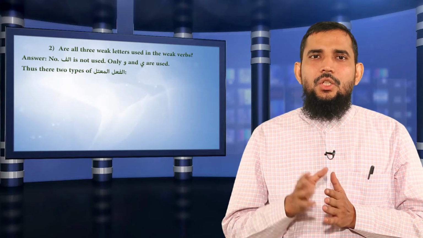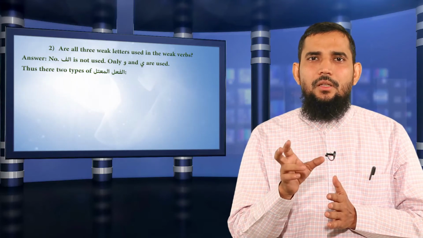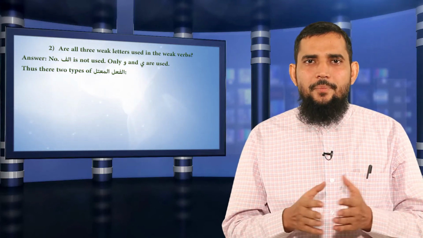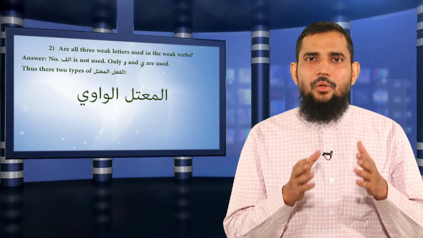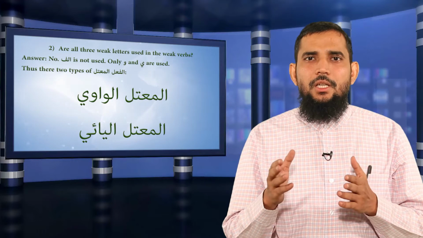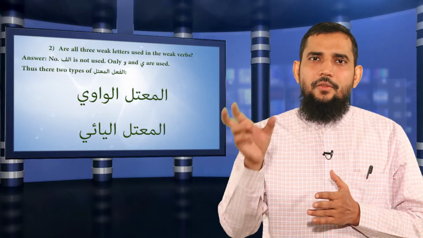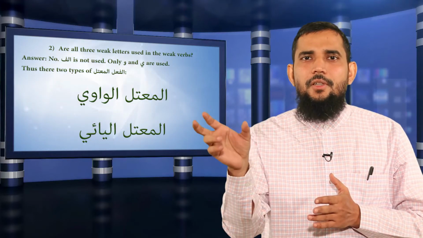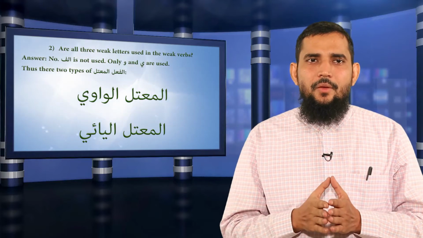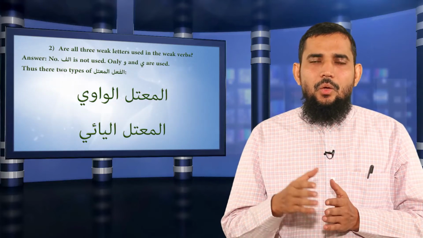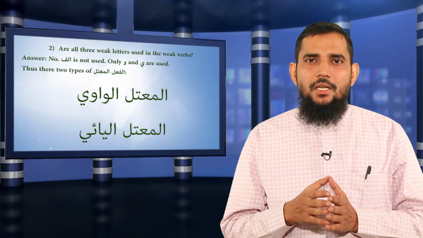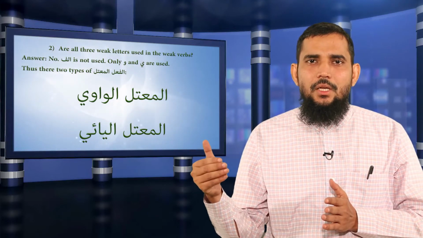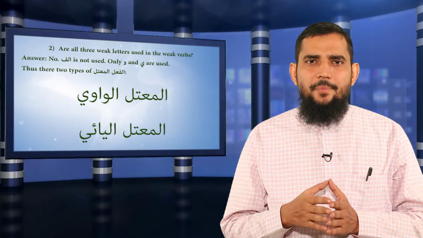Thus there are two types of al-fi'l al-mu'tal which are available in books: al-mu'tal al-wawi and al-mu'tal al-ya'i. The weak verb where waw is there, and the weak verb where ya is there. For example, waza'a, an example of waw, and masha, an example of ya.